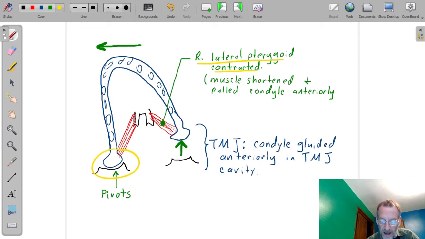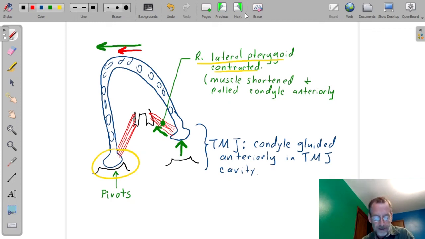And as the right lateral contracts and gets shorter, shortening toward the origin, it pulls the right condyle out of the fossa, and the entire jaw shifts to the left. And the opposite would happen to shift it to the right. You would contract the left lateral pterygoid. And the condyle glides in that TMJ joint cavity.